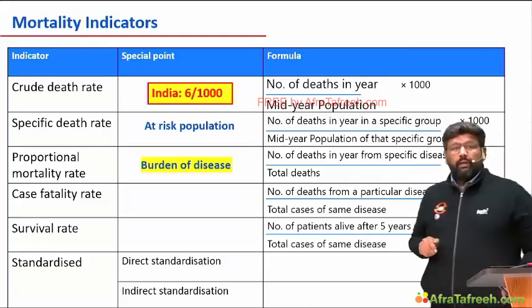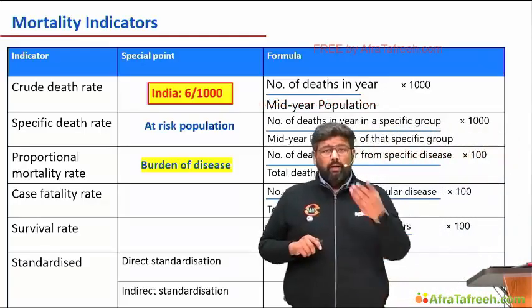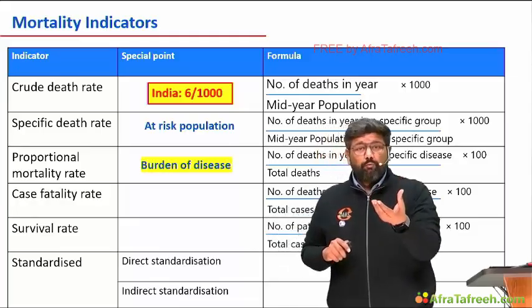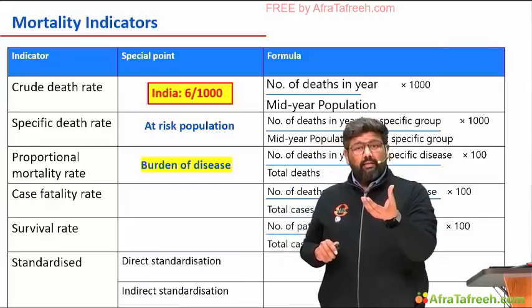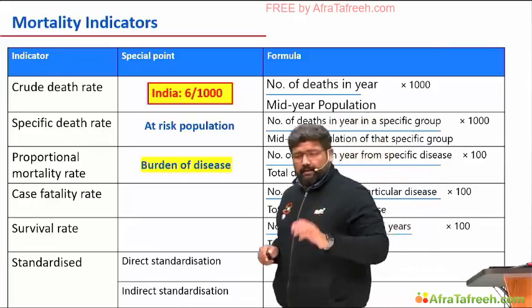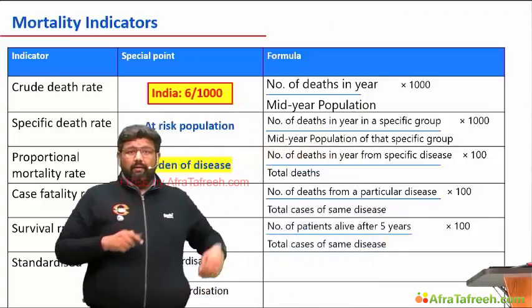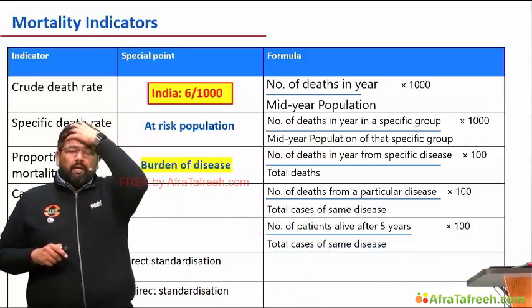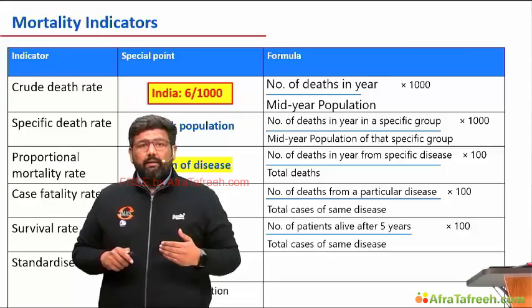Now coming to case fatality rate. What is case fatality rate? Out of 100 cases of COVID, 10 died. You must have heard about the Omicron variant and the Delta variant. Out of 100 Delta variant cases, 5 died.